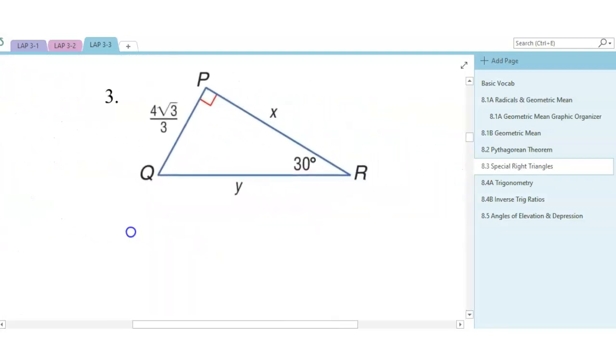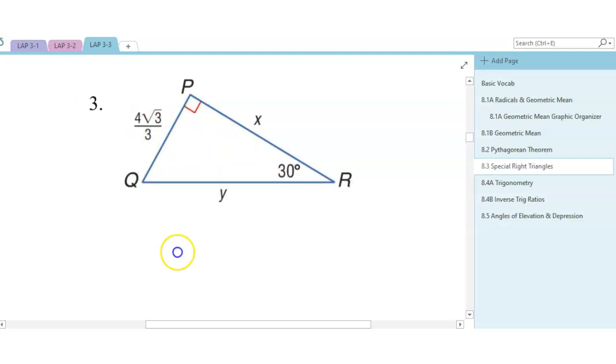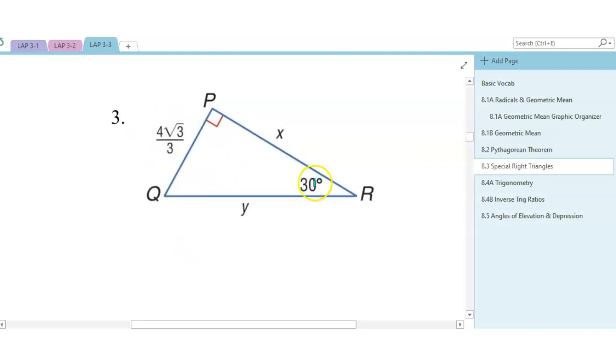All right. This next triangle over here, again, we can see it's a 30, 60, 90. Realize that the side that's opposite 30 here is something that looks a little scary. But this is going to be what our S is.